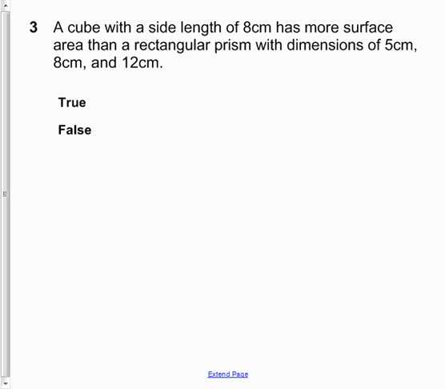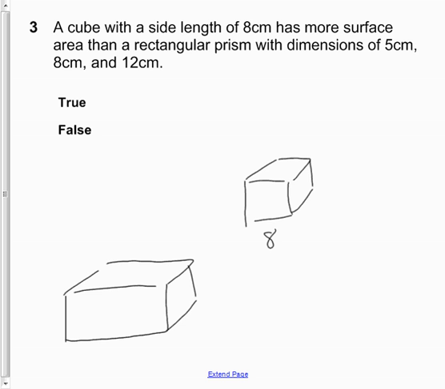Question 3 says a cube with side lengths of 8 centimeters has more surface area than a rectangular prism with 12, 8, and 5.